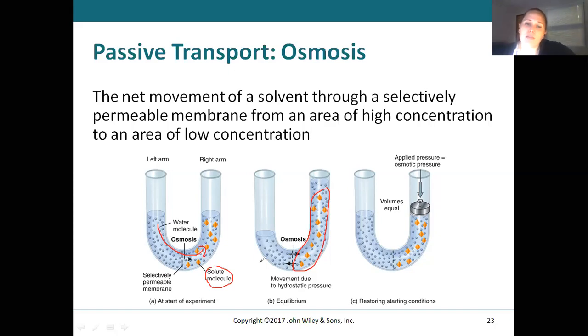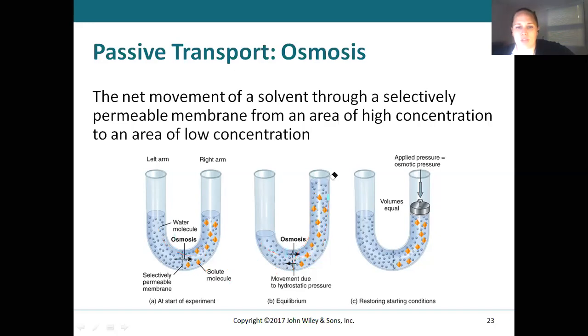But since that isn't possible, you've got movement of the water from the side of low concentration to the side of high concentration of solute. It's trying to dilute out that solute, so it would have the same concentration on both sides.